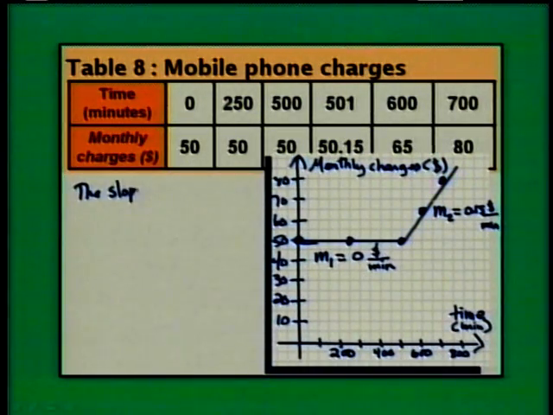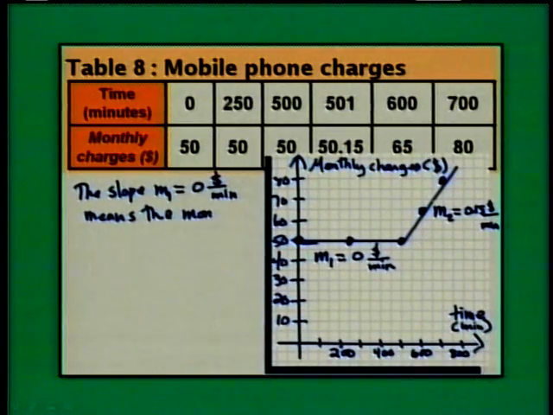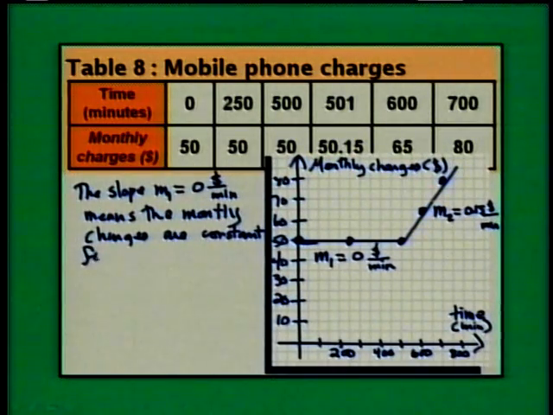The slope, m1 equals $0 per minute, means the monthly charges are constant for the first 500 minutes.